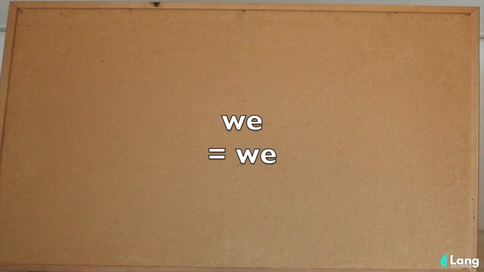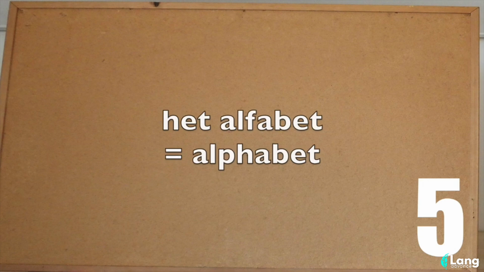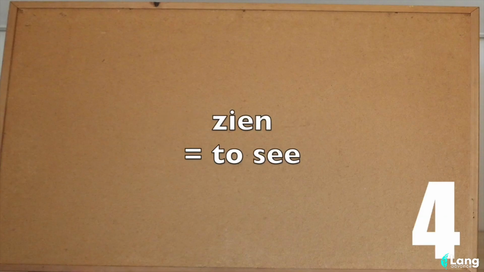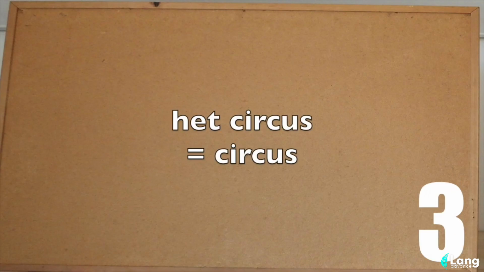"We" means we. "Gaan" means to go. "Het alfabet" means the alphabet. "Zien" is to see. "Het circus" is the circus.